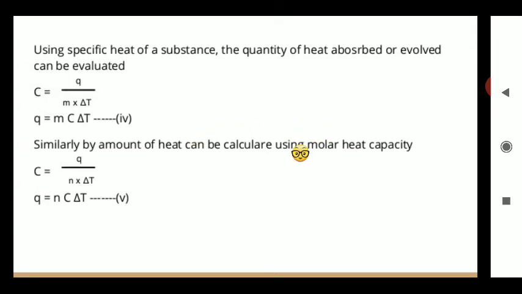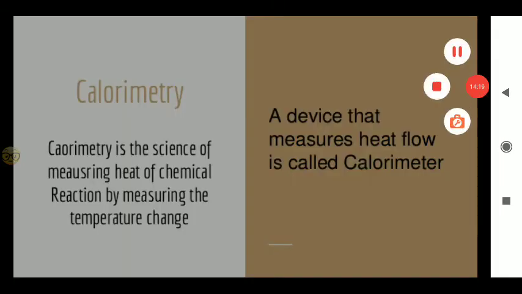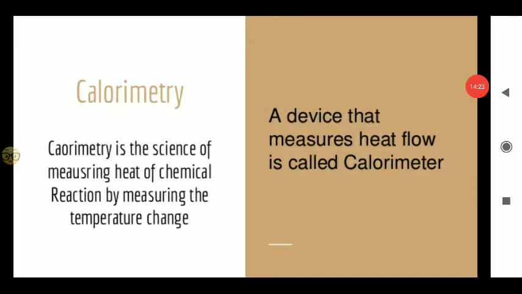Now the question arises, how can we measure the heat capacity of a substance? Basically, the heat capacity of a substance can be measured with the help of a device known as a bomb calorimeter. The basic principle of this bomb calorimeter is known as the concept of calorimetry.